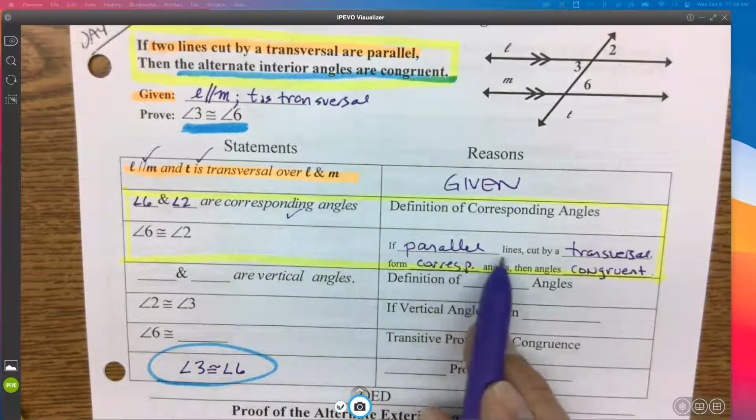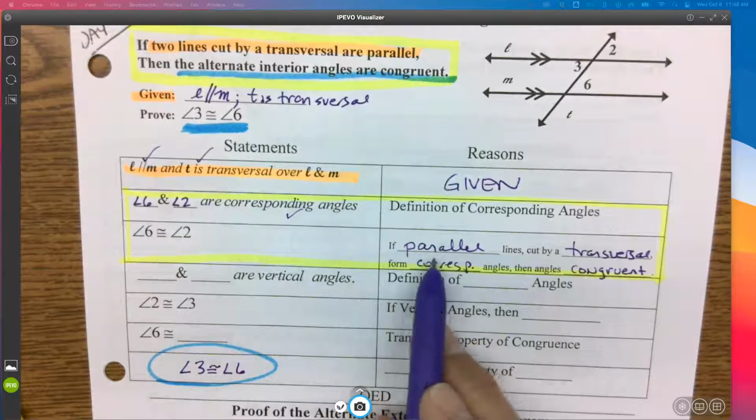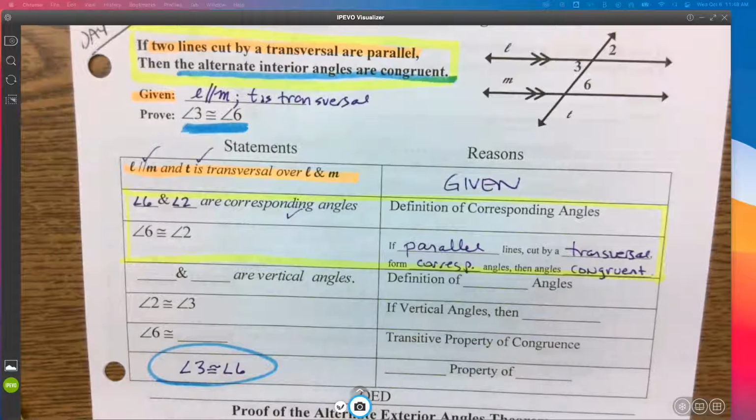Remember that this is a conditional, and I've just shown that the hypothesis is true. What does the law of detachment then tell us? The law of detachment?